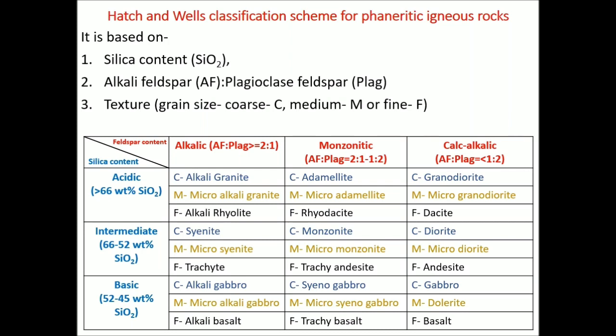So alkalic means alkali feldspar is the dominating part, the intermediate part is syenitic, and where plagioclase dominates over alkali feldspar, that is called calc-alkalic. And we have already discussed acidic, intermediate, and basic rocks.